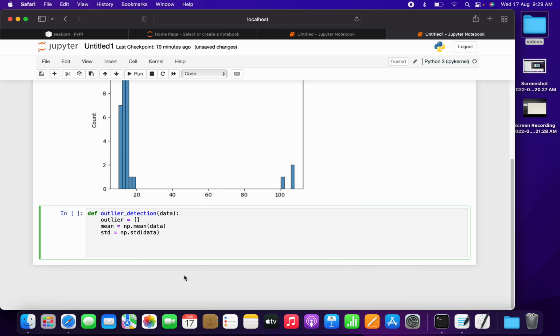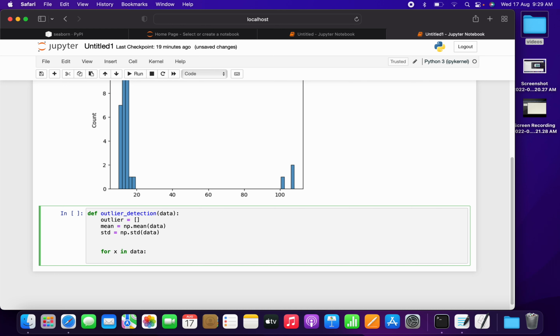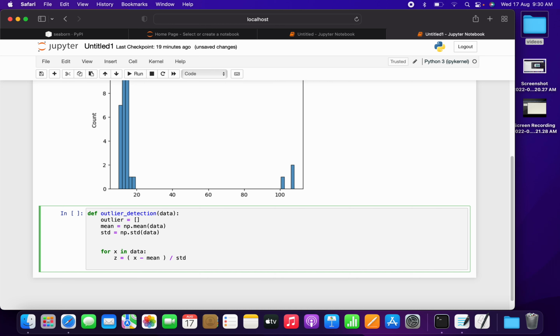Now we run a for loop over each data point. Here we need to calculate the Z-score. I hope you remember the formula: x minus mean divided by standard deviation.